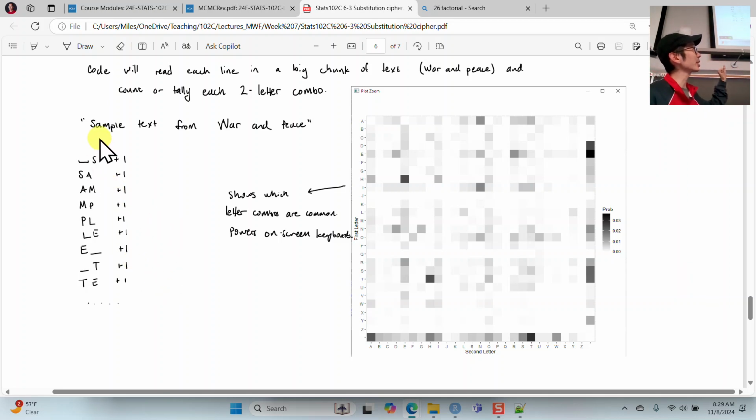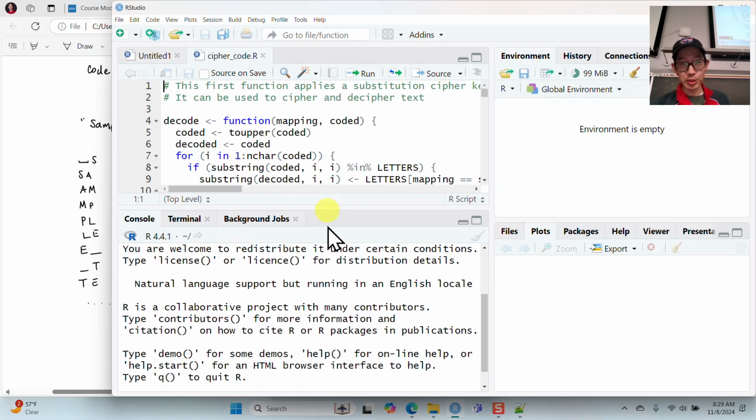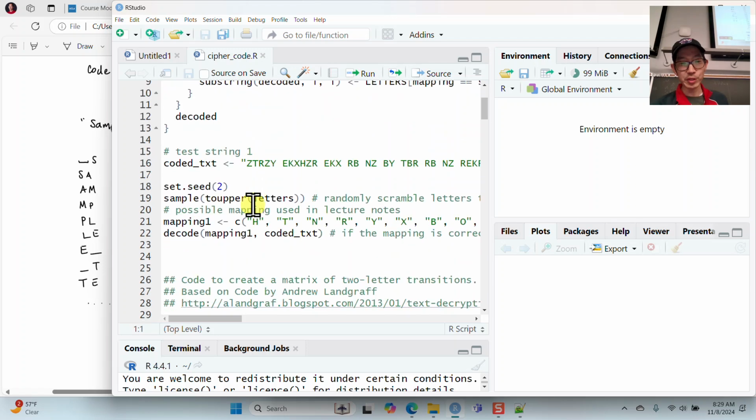Okay, so yeah, if the line was "sample text from War and Peace," we would put in a tally at space S, a tally at SA, a tally at AM, a tally at MP, so on and so forth. And that's what this code does.